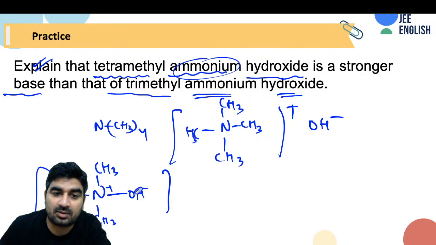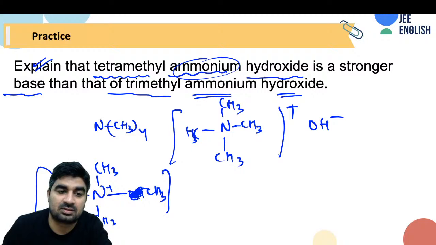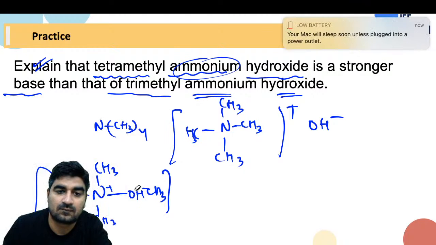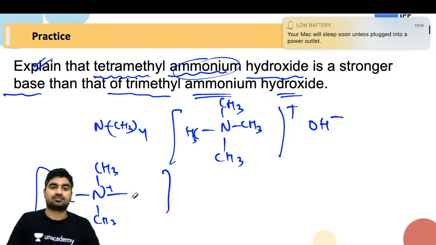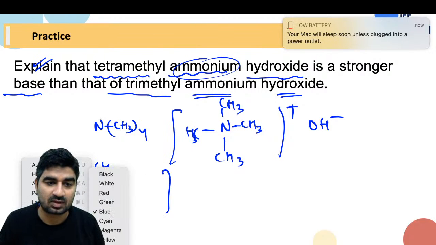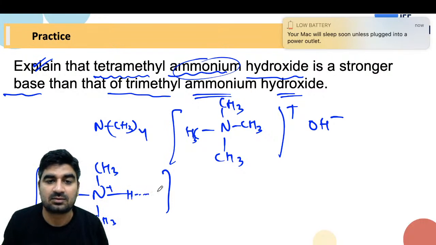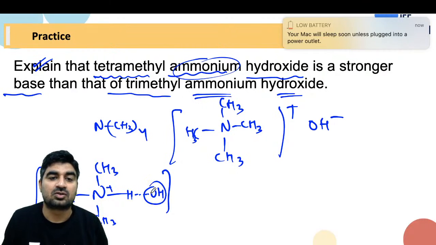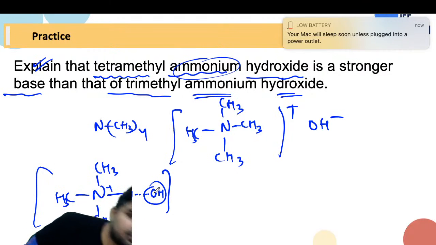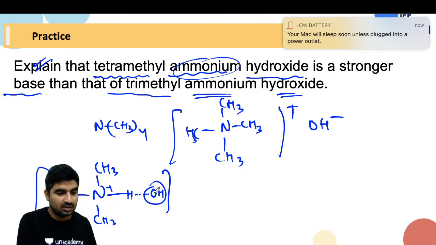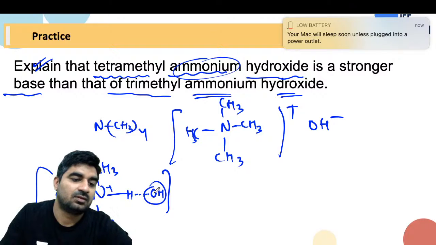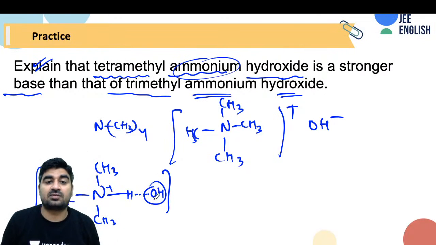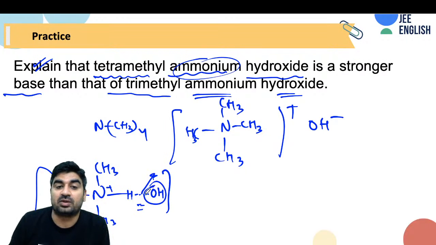So when we are talking about H and we have OH, in this case we have hydrogen bonding, and it is very difficult to remove this OH.